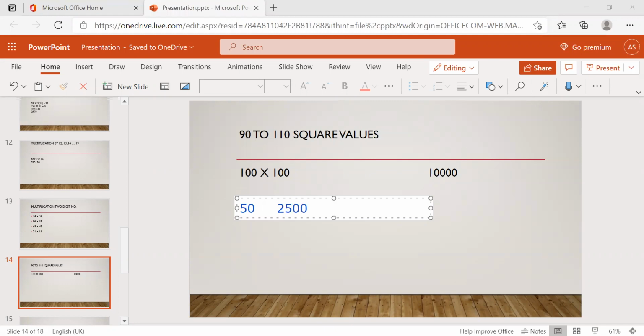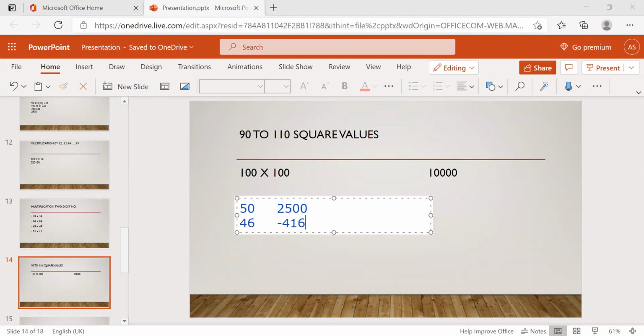If you know this, then we can find the values of 40 to 60 squares. So how? For 46 square, what's the difference? Minus 4. And 4 square is nothing but 16.